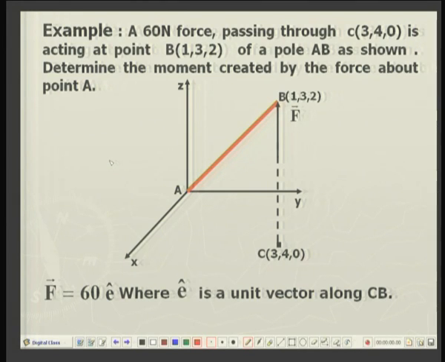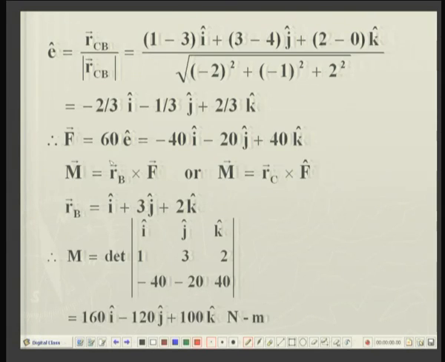Why not choose point B, which is already known, or we can choose point C. You will see that both choices give the same final result. So, I have chosen point B, and accordingly RB, the position vector of point B, crossed with F, and this will also be RC crossed with F.